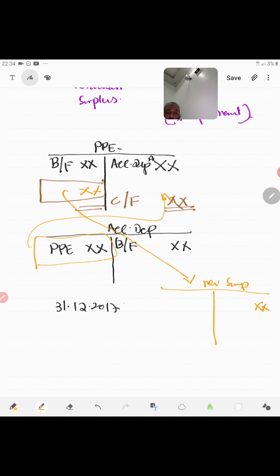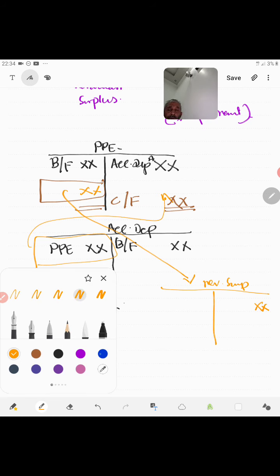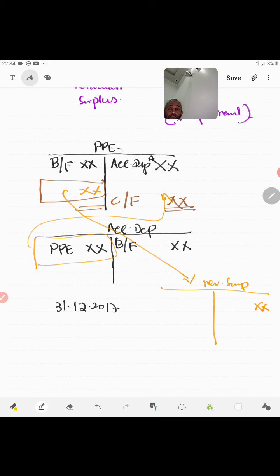Suppose the closing balance, what you got here, is different from this net difference. Suppose let's say this is 100 and this is 20, and if you take it here 150 for example, you will then have 170 minus 100, this will be 70. So that is easy, that 70 will come here.